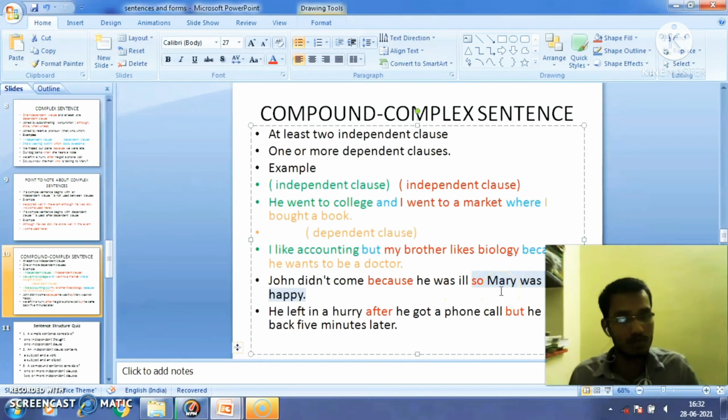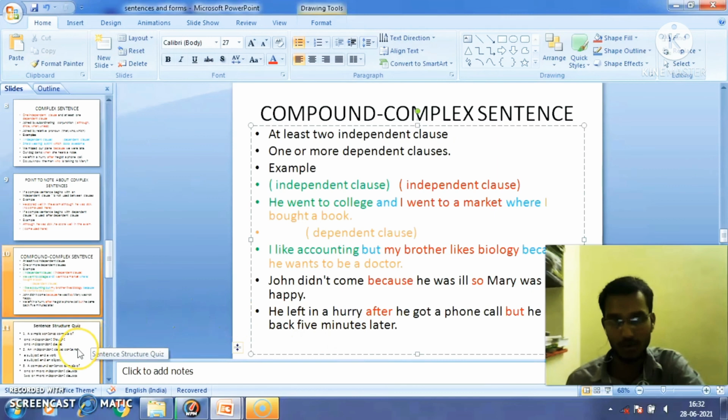Because John was ill. That's why Mary was not happy. Then only you can easily understand. He left in a hurry after he got a phone call, but he came 5 minutes later. So this is about the compound complex sentence.